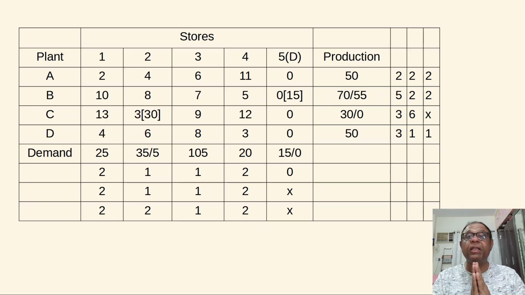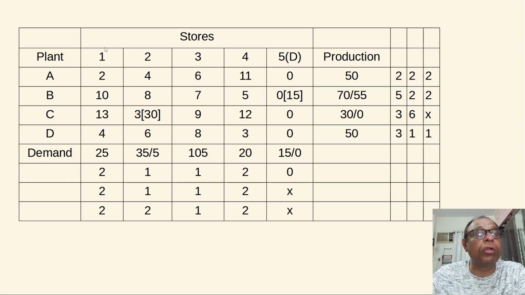Now the highest penalty, of course, here is 2, but which penalty to select? This is known as a penalty tie. Whenever you have a penalty tie of this kind, find which penalty has the least cost. I'll explain this. For penalty 2 in row number 1, the least cost is 2.